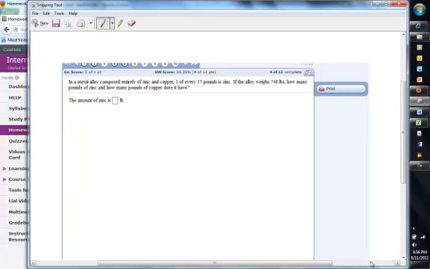In a metal alloy composed entirely of zinc and copper, 3 of every 17 pounds is zinc. So 3 pounds of zinc per 17 pounds. If the alloy weighs 748 pounds, how many pounds of zinc are there?